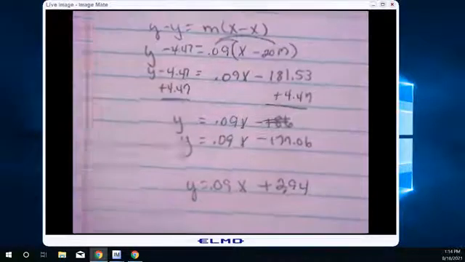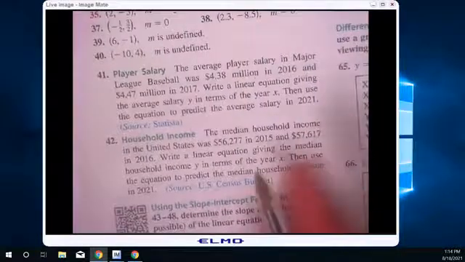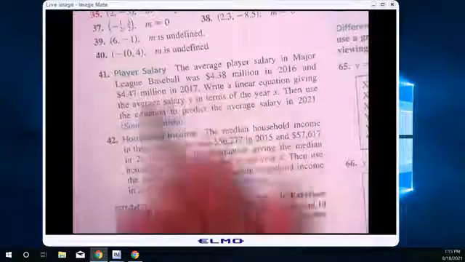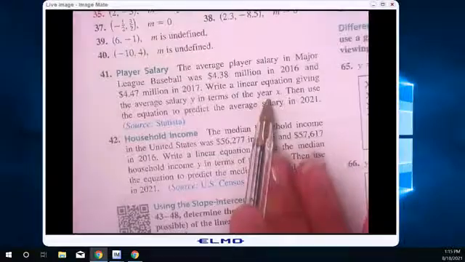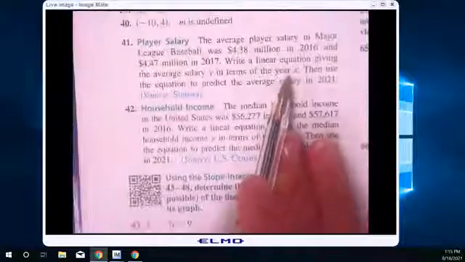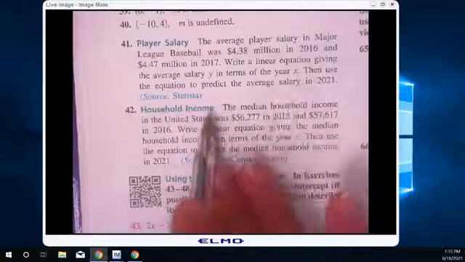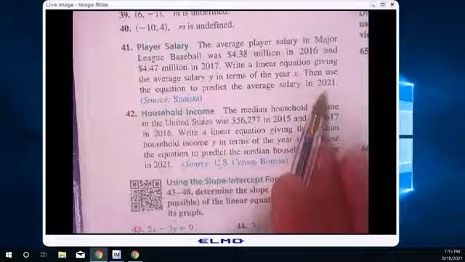Let's read it and see if we can figure it out. Average, there's my point. Write a linear equation giving the salary in terms of y. Oh, look at that last line. Then use the equation to predict the average salary in 2021.